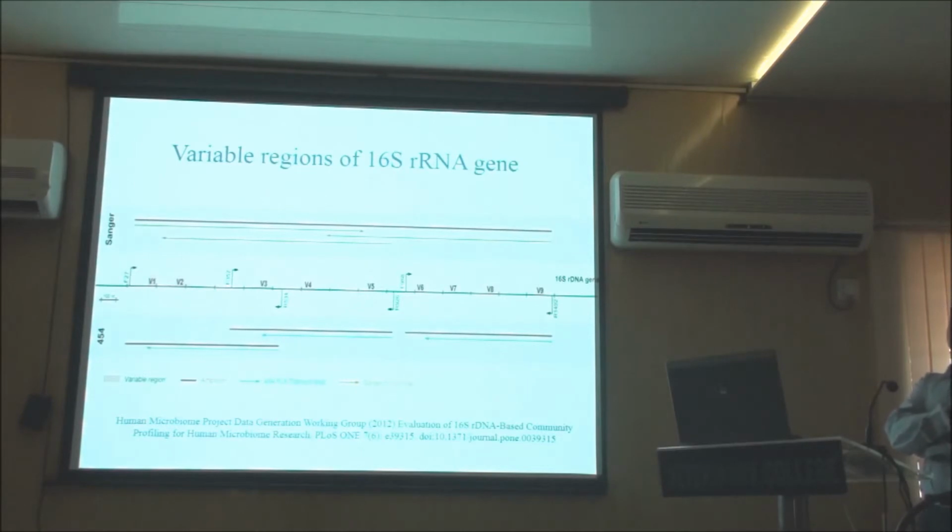See, if you are using capillary sequencing, yes, you can sequence more than 1000 bases of the 16S rRNA gene, but then you are resorting to a clone library approach, and typically there are two limitations there. One limitation is you have to get a large number of clones if you want a deeper understanding of microbial community structure.